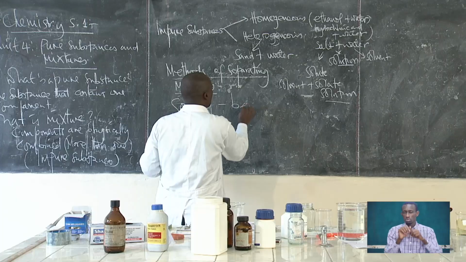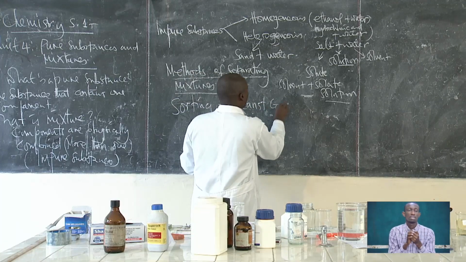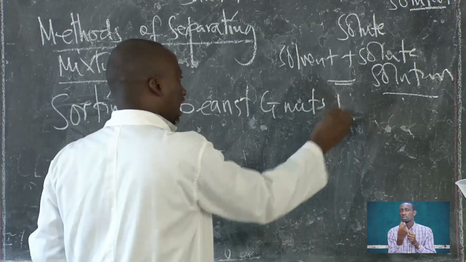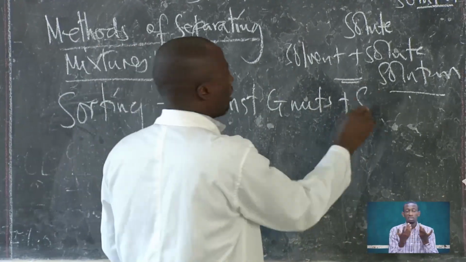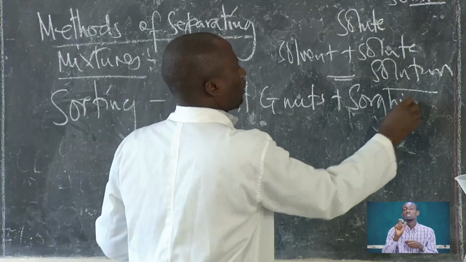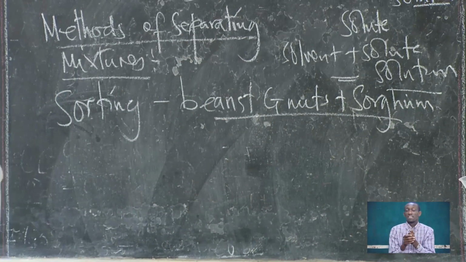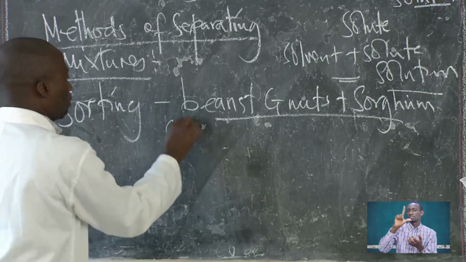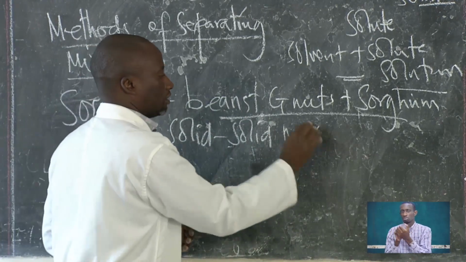You can use it, for example, if you have beans and you mix them with the G-nuts, and they are even together, so they can be even more than 3, and then you have sorghum. These are mixtures. They are solid mixtures, so to speak. Solid mixtures.